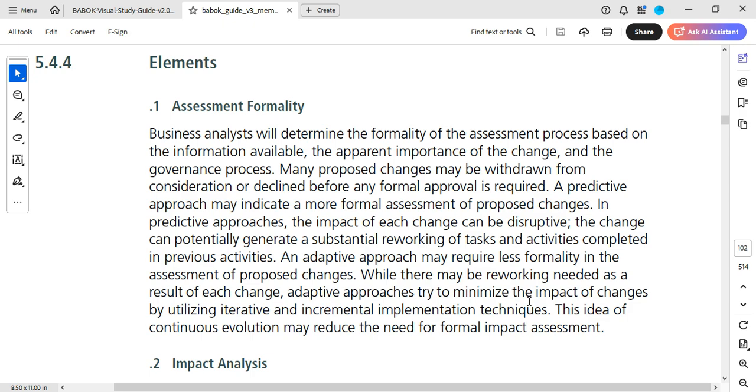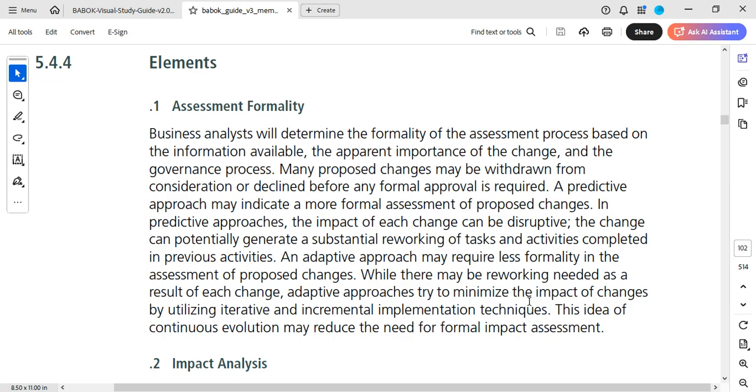A predictive approach is where you are able to predict what should happen, and you are trying to bring in changes. It may indicate a more formal assessment of proposed changes, as the impact of each change can be disruptive and can generate substantial reworking of previously completed activities.